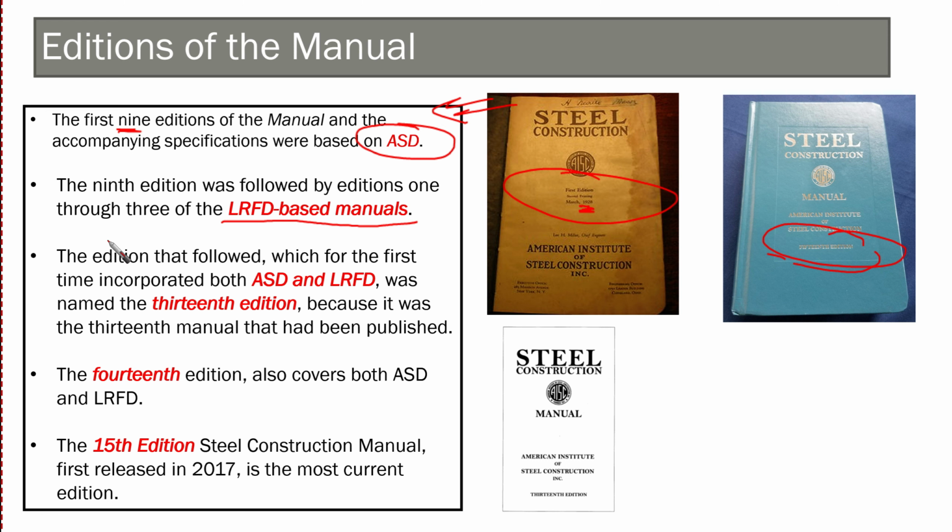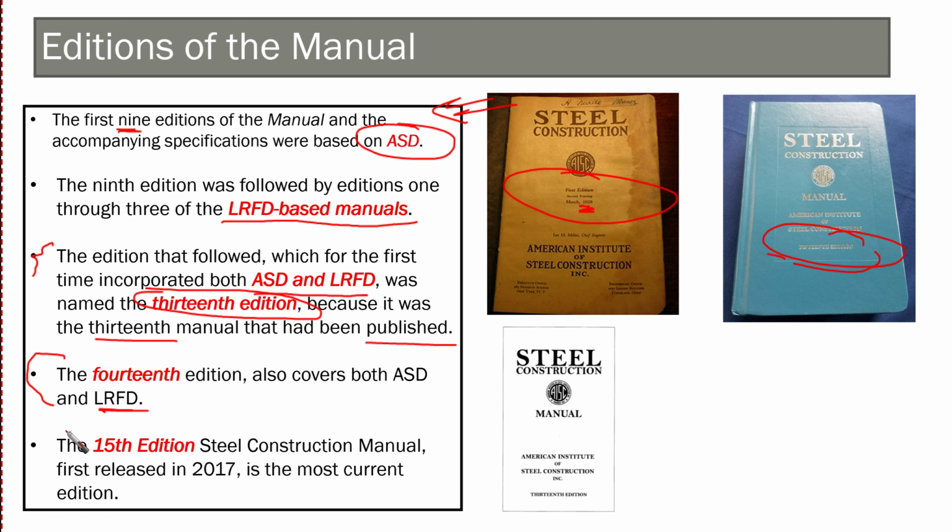And after that, the edition that followed, which for the first time incorporated both ASD and LRFD, was named the 13th edition because it was the 13th manual that had been published. So the 13th edition is considered to be the first edition containing ASD and LRFD together. After that, we have the 14th edition, which also covers both ASD and LRFD.